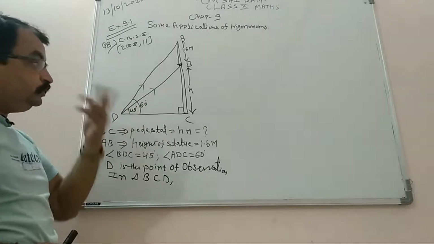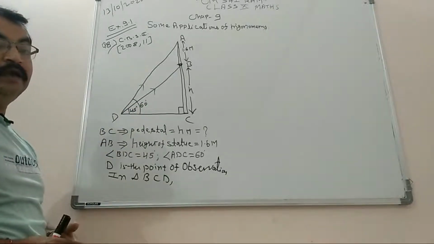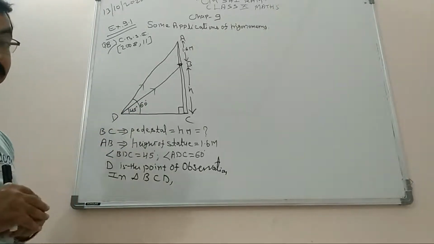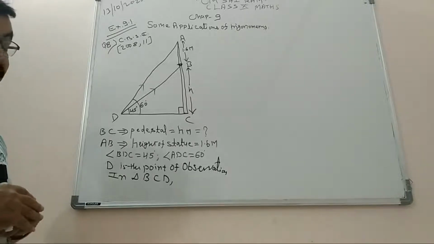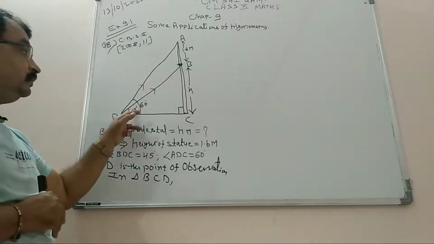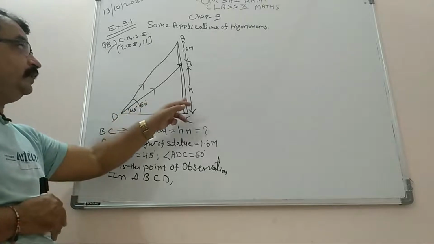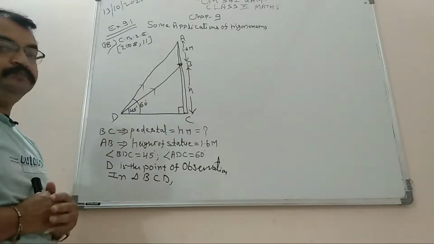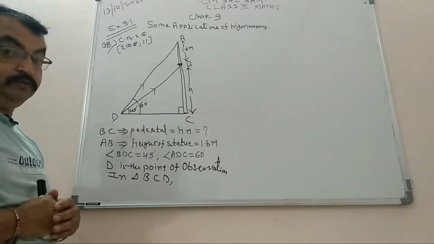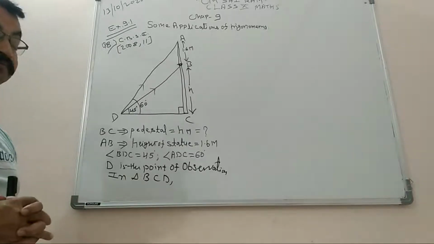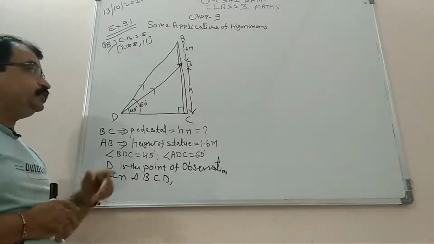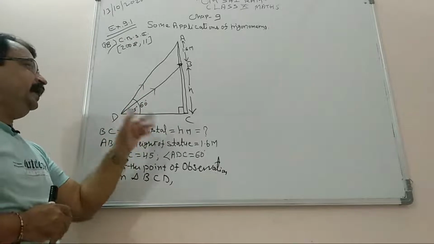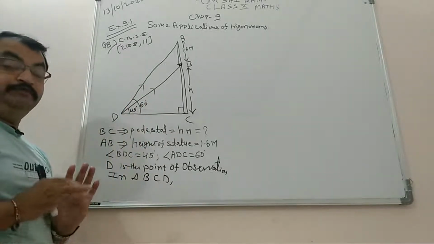what you have to find and which side you have to connect. See here, opposite to 45, that is BC, you have to find. So of course this we have to include. And now two sides, BD and DC.